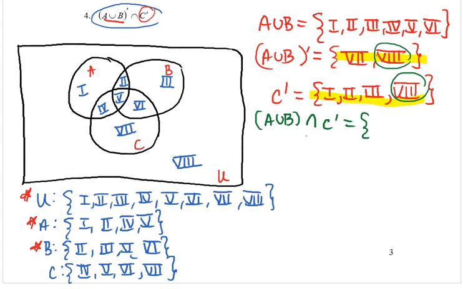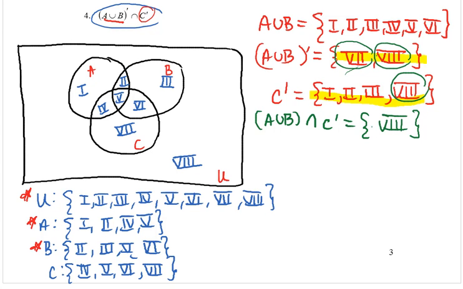I'm looking at my notes here to see if they also both have a 7. Yep, well, I have to make sure I do it with C complement. So yeah, it looks like they both have just region 8.